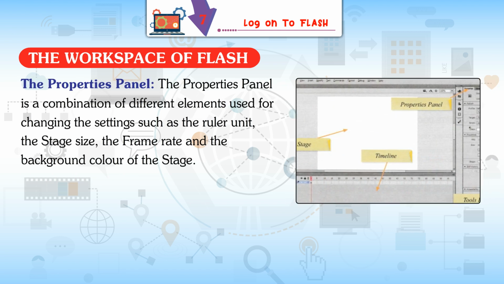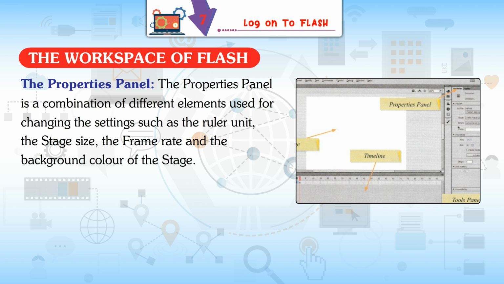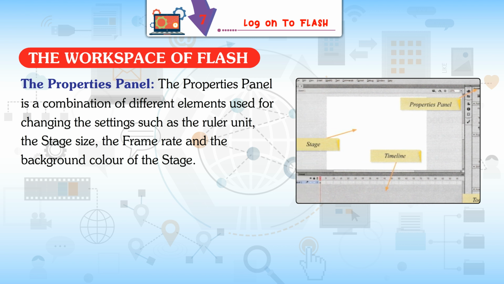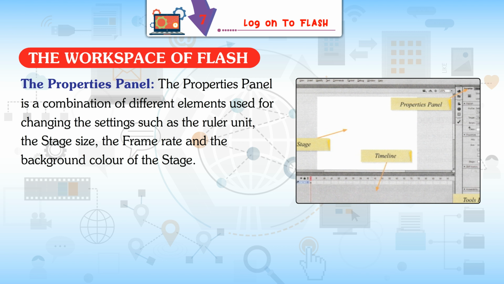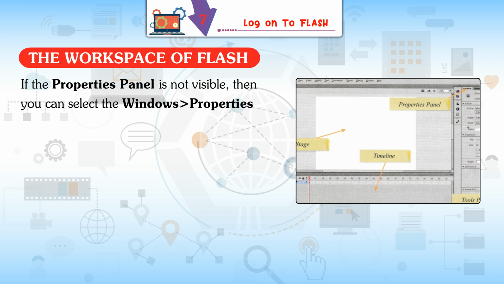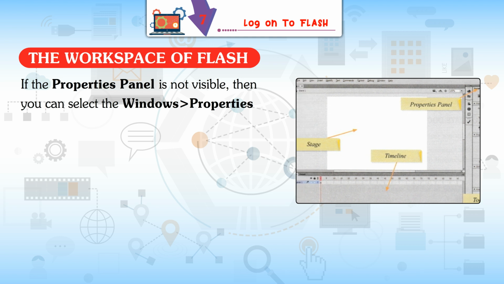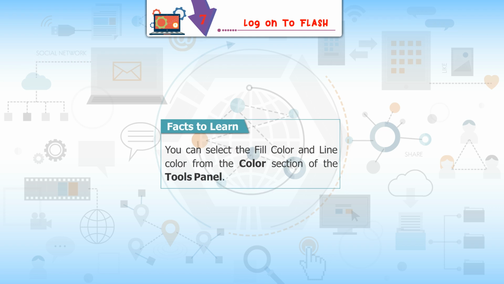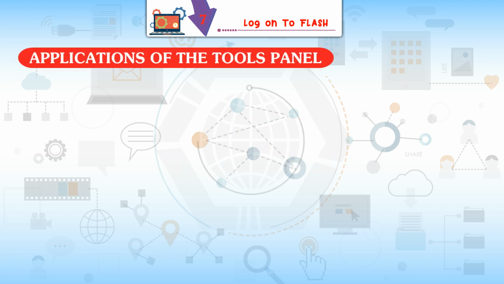The Properties panel is a combination of different elements used for changing the settings such as the ruler unit, the stage size, the frame rate, and the background color of the stage. If the Properties panel is not visible, then you can select Window, go to Properties. Facts to learn. You can select the fill color and line color from the Color section of the Tools panel.